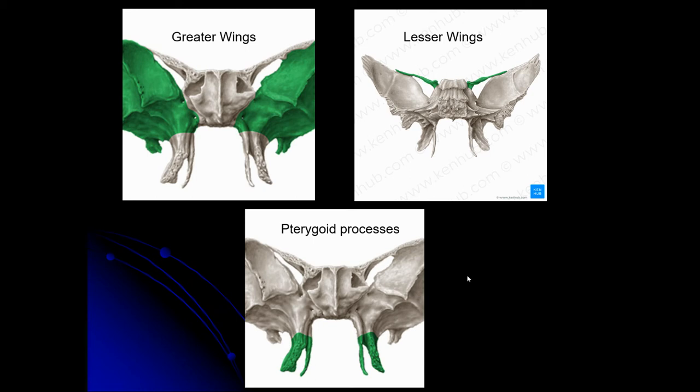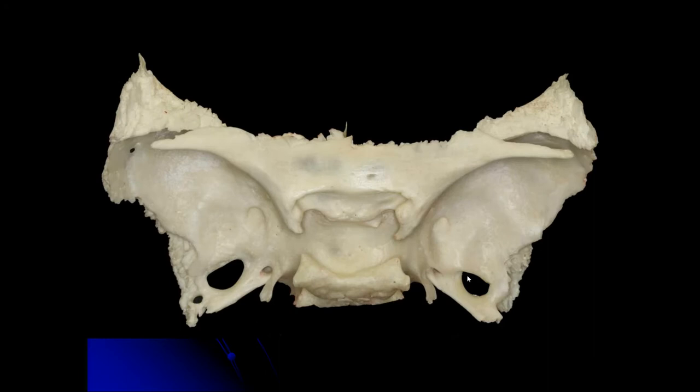And the legs are called pterygoid processes. Pterygoid means 2 toes or 2 claws. And so if you look at it, that's what they look like, a crab or something, or a pterodactyl. So we have greater wings, we have lesser wings, and we have pterygoid processes.